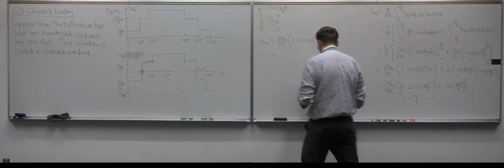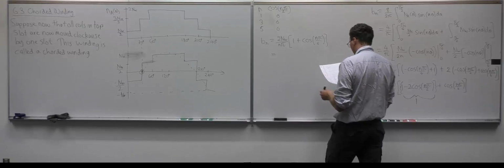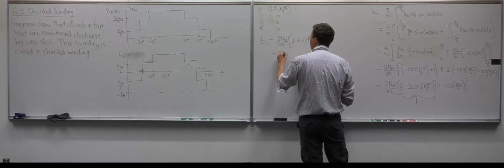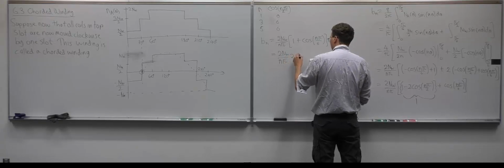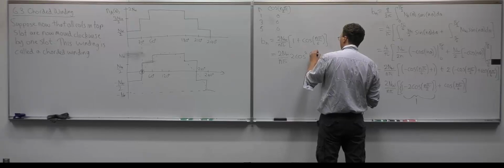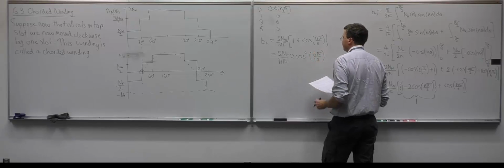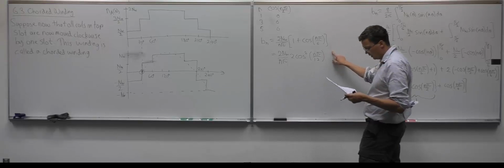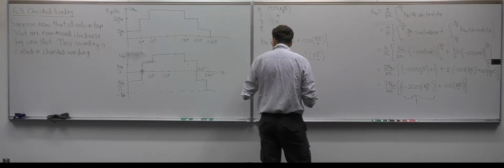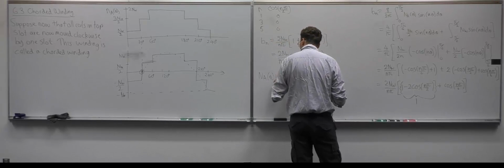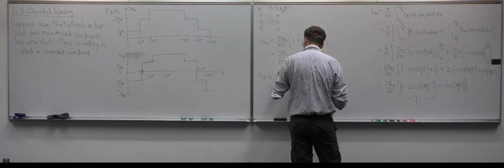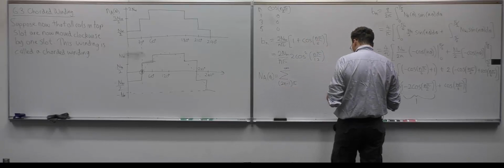And now we can use a trig identity to write this as 2 nw over n pi times 2 cosine squared n pi over 12, just using a trig identity there. So finally, putting it all together, our winding function for this one slot shorted winding, I'm going to write it so that it's for all n in this example.